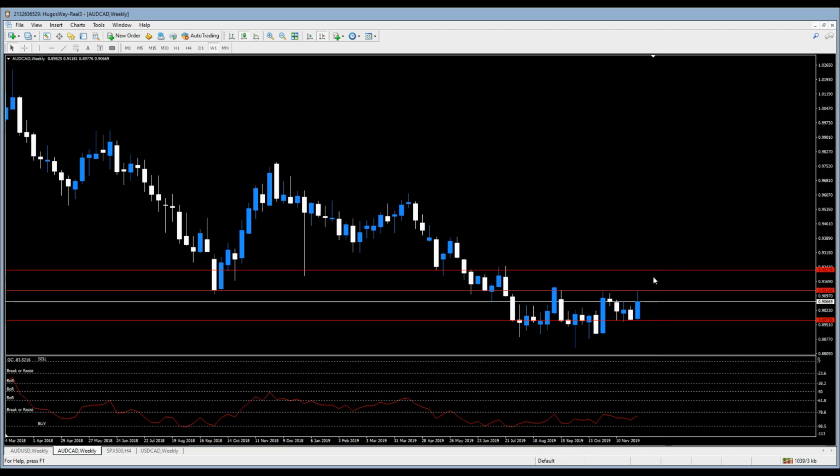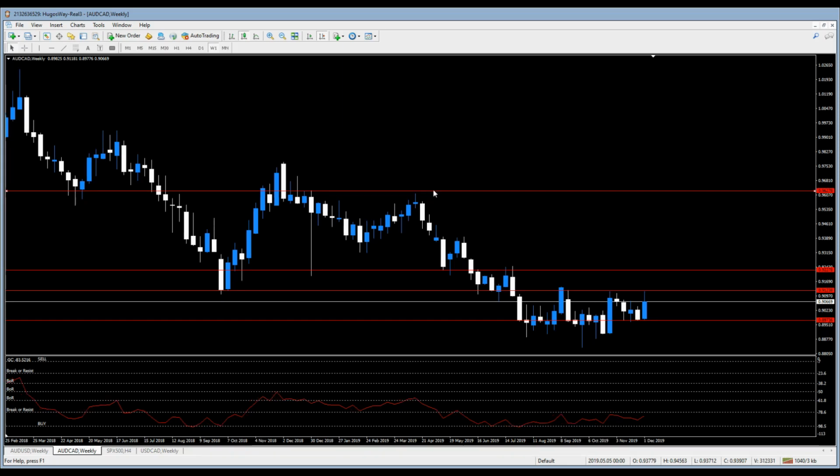I want to see a slight pullback that comes back to our entry area, and I want to see another push to the upside. I want to see us hit this area. This is the high I believe that it will be hitting during the week's time.